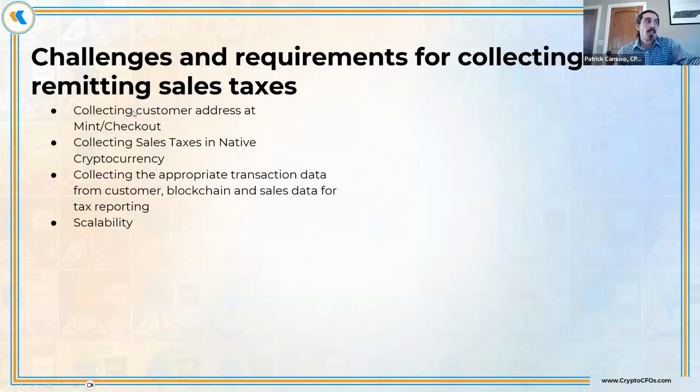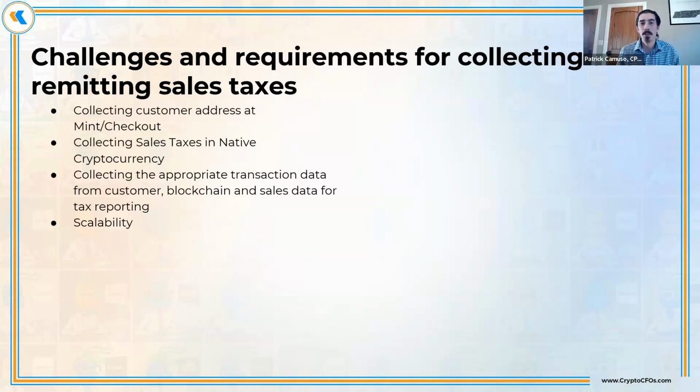So that to me is going to just be an industry-wide challenge, and something that industry-wide everyone's going to have to navigate. Then collecting sales taxes in the native cryptocurrency. Of course, when we're seeing these transactions, usually they're going to happen in Ethereum or in another altcoin. And after you've sourced the sale and you've calculated the tax, you're going to have to collect that when you're collecting the mint price from the customer.